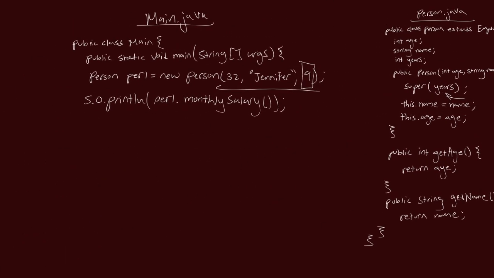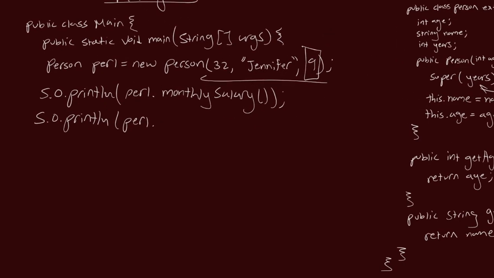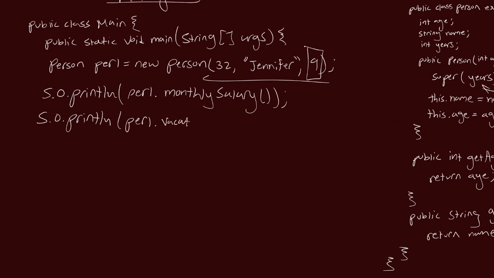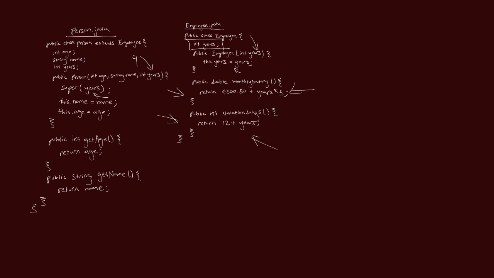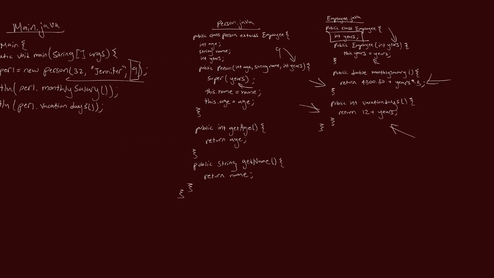The same happens when you try to get your vacation. So we do per1 dot, what was it called? Vacation days. Since we passed in 9, we're going to get 12 plus 9 as our return. Now finally, let's do one more class.